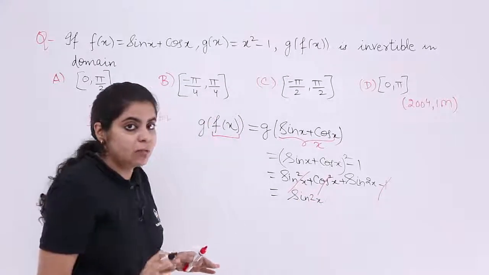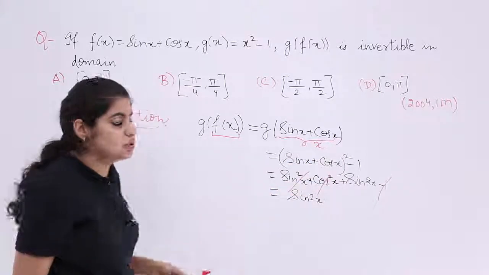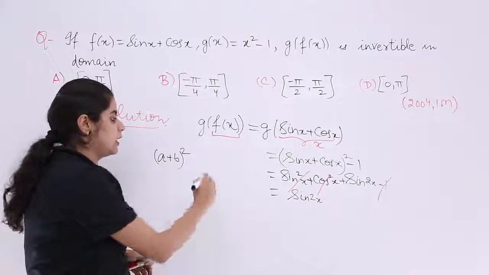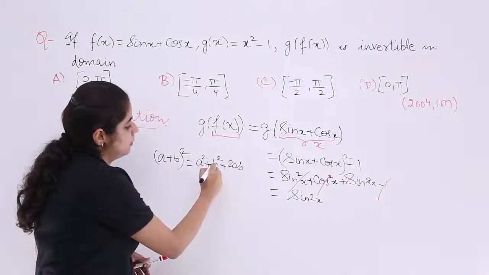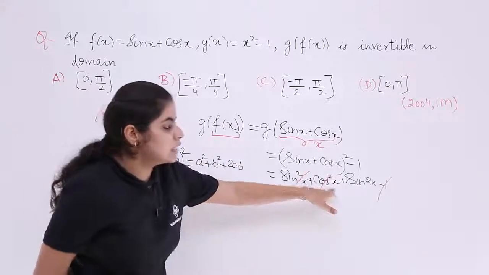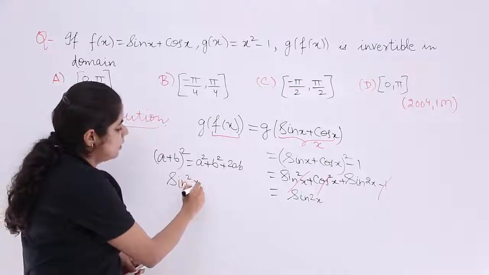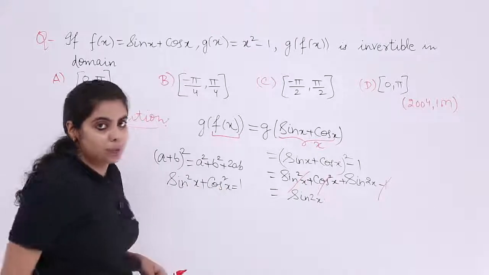First, let me write the formulas that I have used in these steps. Firstly, the formula of (a plus b) whole square, which is a square plus b square plus 2ab. The second formula is sin square x plus cos square x is equal to 1.